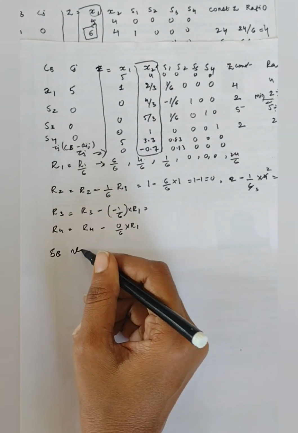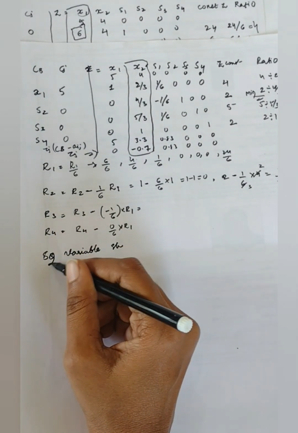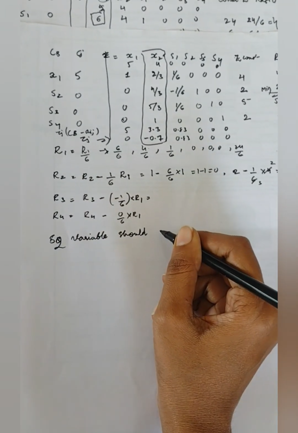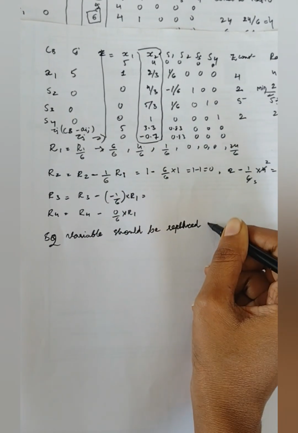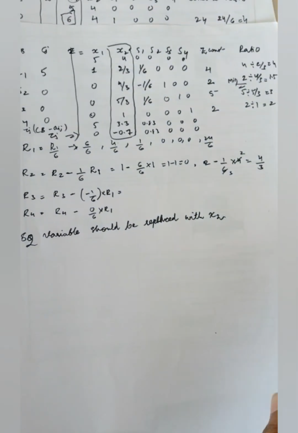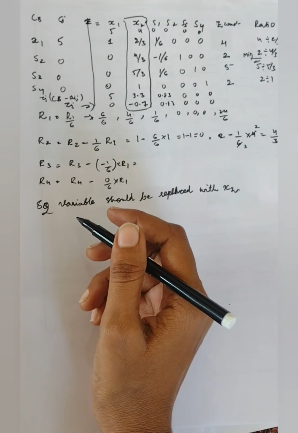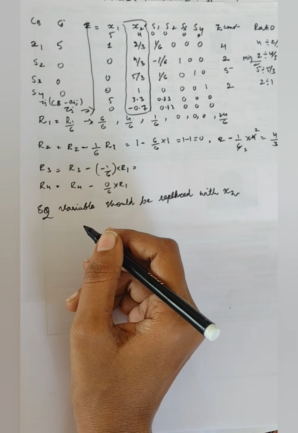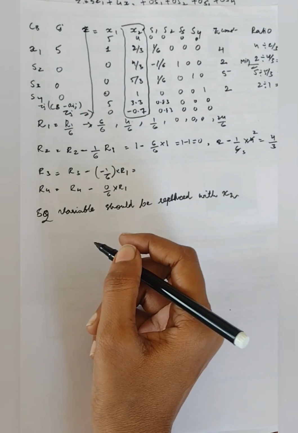The S2 variable should be replaced with x2, a non-zero variable, right? I hope you guys are getting this. So column x2 is the pivot column, and this will be the key element or key column.